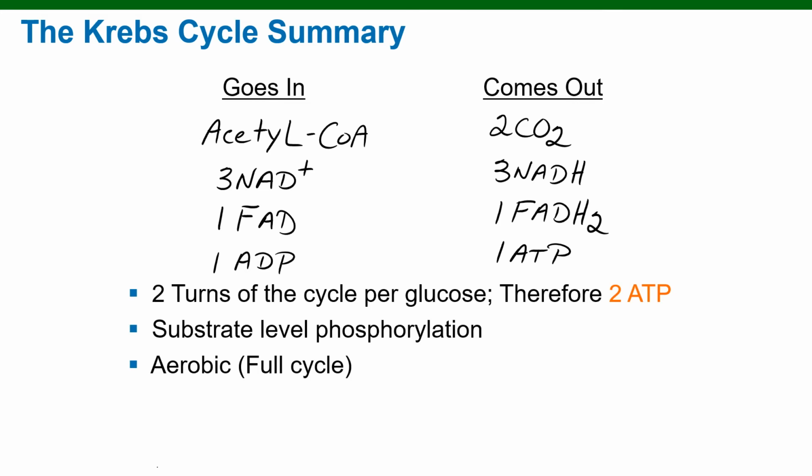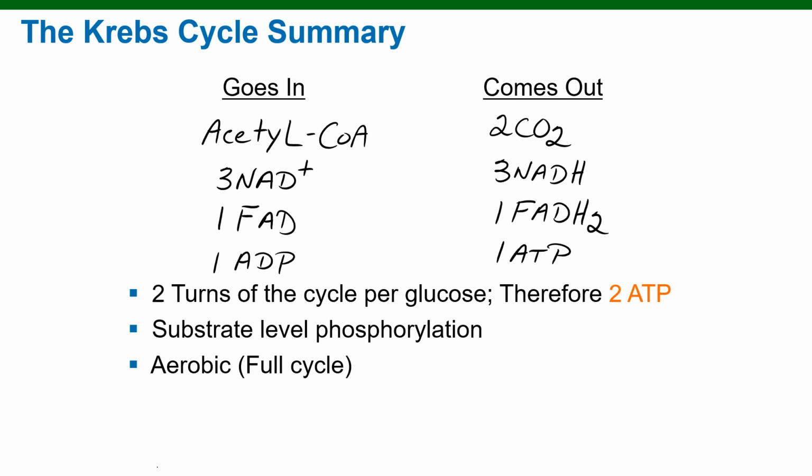Keep in mind, however, that the Krebs cycle will turn twice for every glucose that enters in. If you recall back to the glycolysis step of respiration, glycolysis splits the glucose into 2 molecules that eventually become pyruvate.